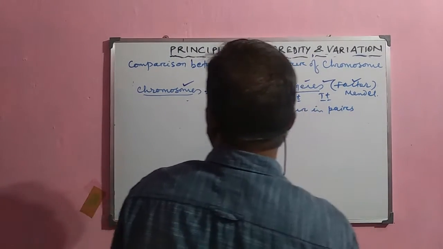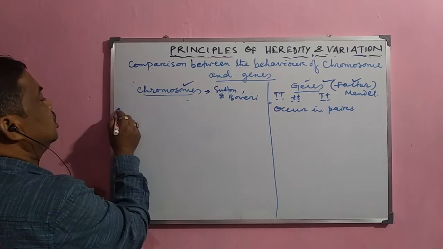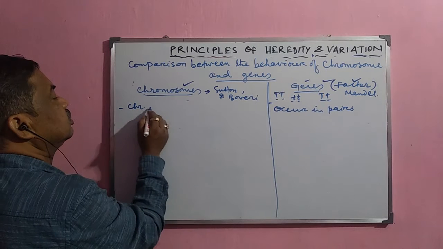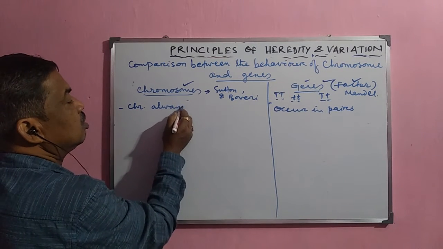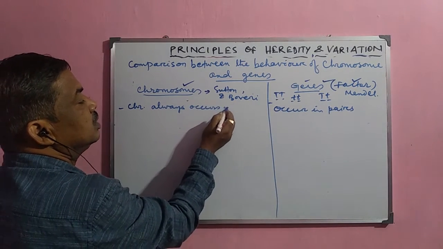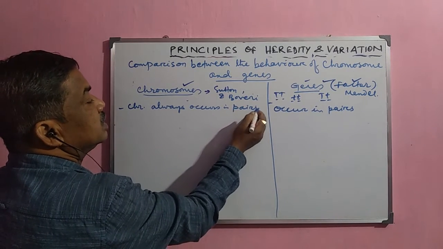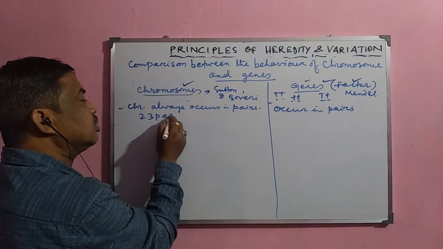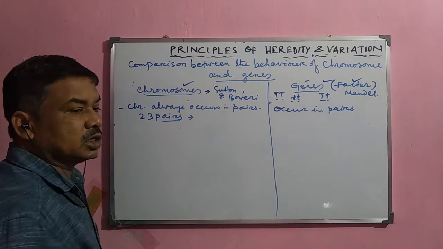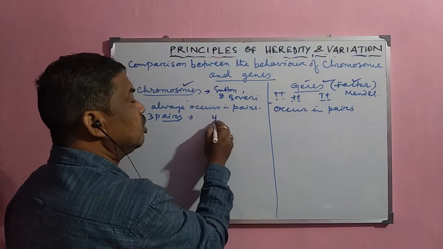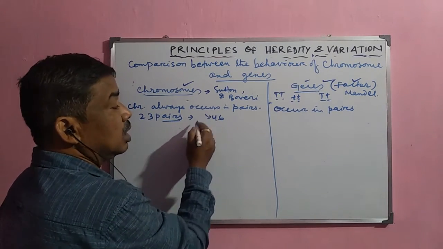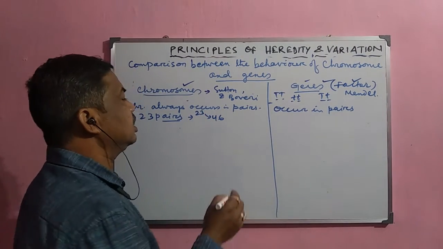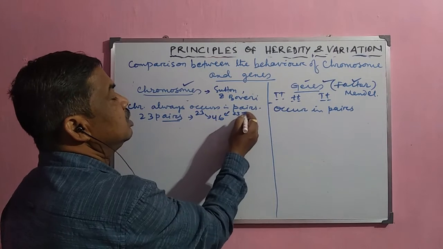Like that, in the case of chromosomes, Sutton and Boveri also explained that the chromosomes always occur in pairs. How? In a human being, there are 23 pairs of chromosomes. Why not 46? Because there are actually 46 chromosomes, but out of these 46, 23 come from the father's side, or paternal side, and 23 come from the mother's side.